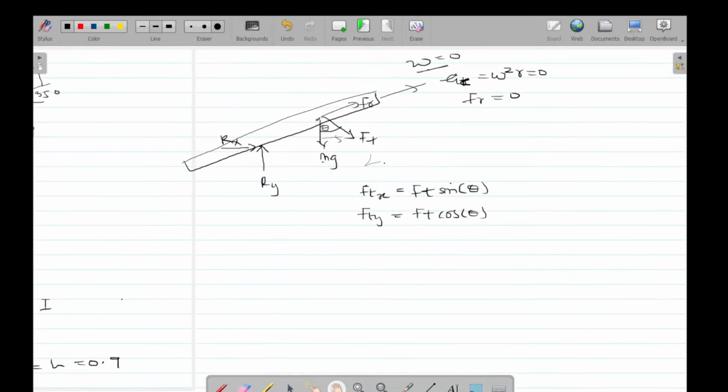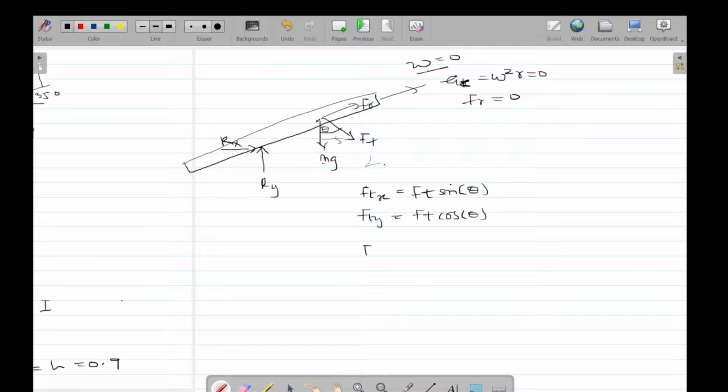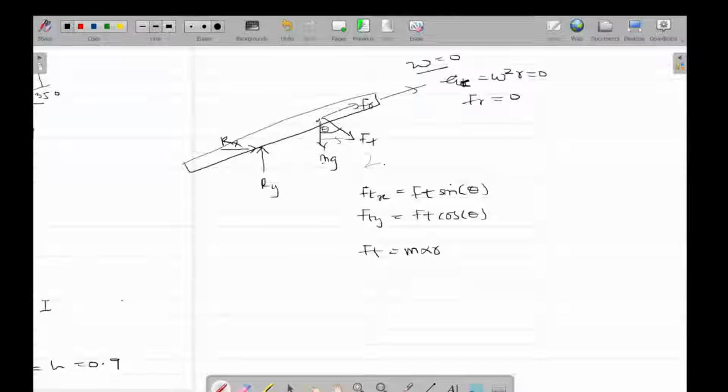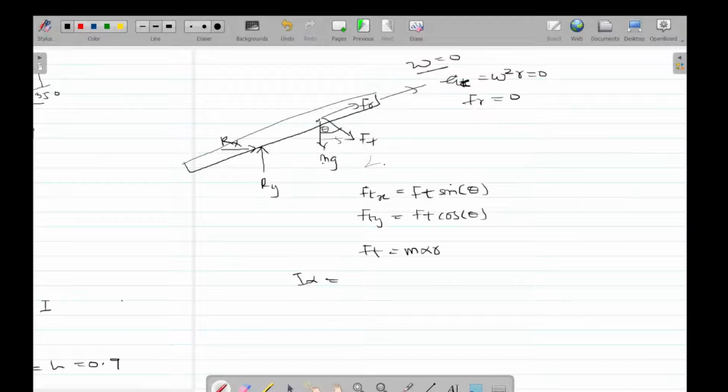Now Ft is given by m alpha r. So we need to find alpha, and we know I alpha is equal to minus mgh sine theta. So from here alpha is equal to minus mgh on I sine theta.